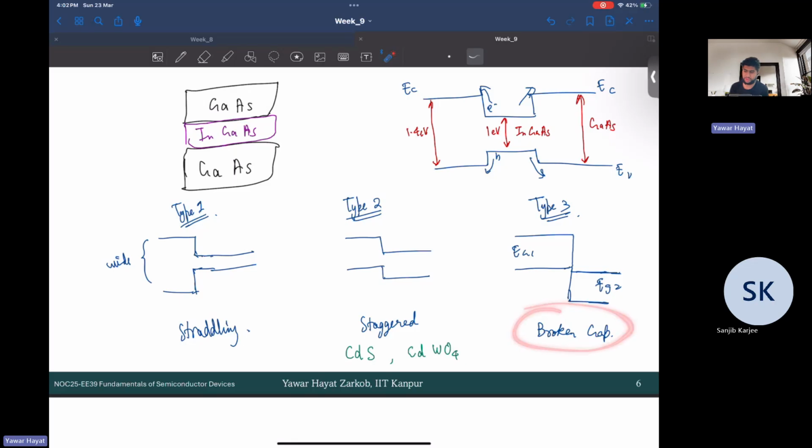Then a broken gap will be formed, right? Here, this conduction band is anyway above this, right? So if this comes below this, or in other words, it comes below the gap of the other, then it constitutes a broken gap, and that is your type 3.